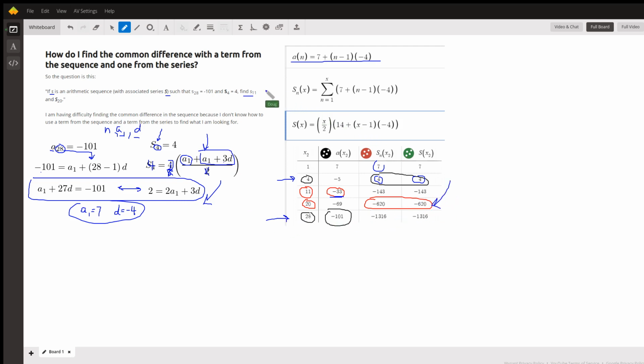Okay, and you can use either of these formulas using summation notation, which this is the sequence, and S of x is just using the formula for the sum of the series. Number of terms divided by 2 times the sum of the first and the last. There you go.